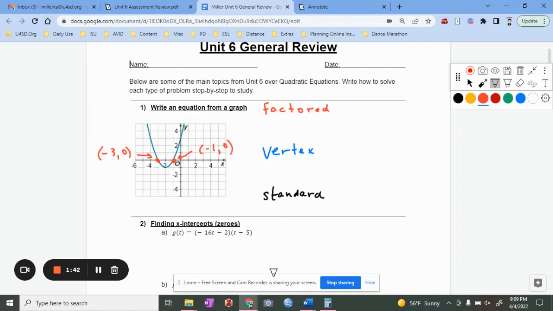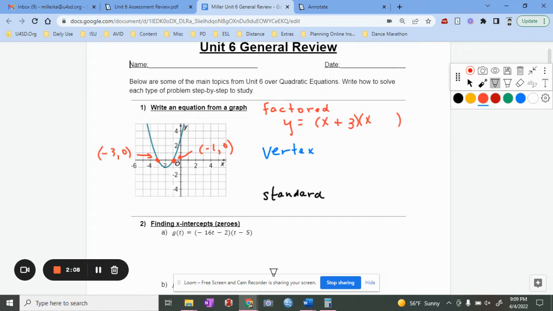So our factored form, y equals our two parentheses where we have our x's and we work backwards. So x minus what? Or -3 minus what gets us to 0? And that's +3. So we're going to take the opposite here.